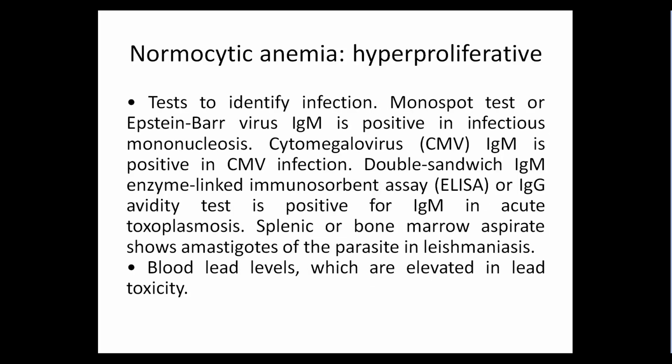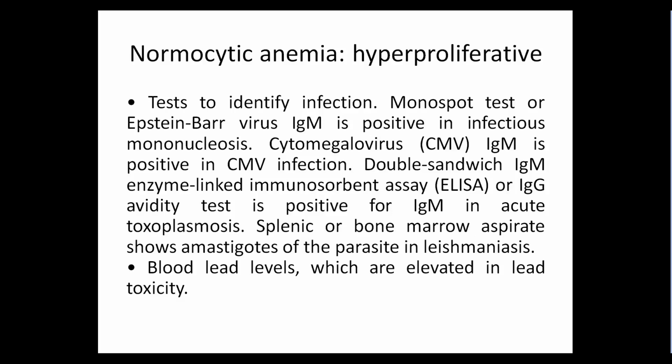Tests to identify infection: the monospot test or Epstein-Barr virus immunoglobulin M is positive in infectious mononucleosis. Immunoglobulin M is positive in cytomegalovirus infection.